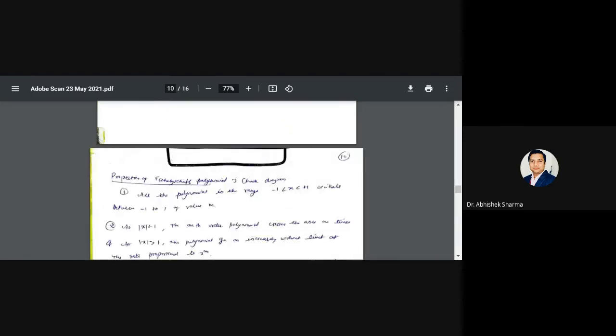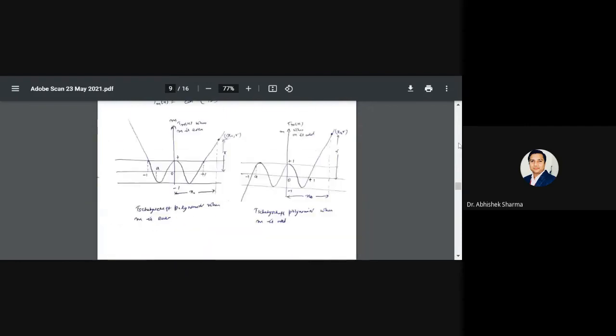Third property: if x is greater than 1, the polynomial goes on increasing without limit at a rate proportional to x raised to power m. So if x is greater than 1 over here, then it will keep on going on both sides, in both the cases.